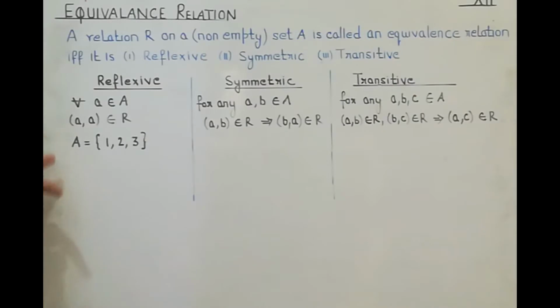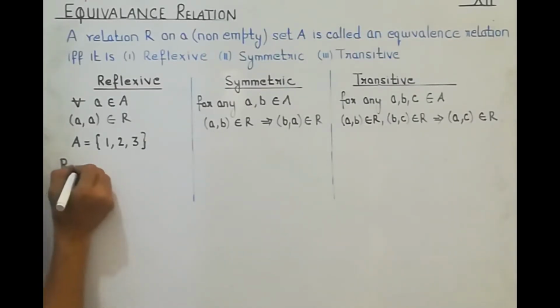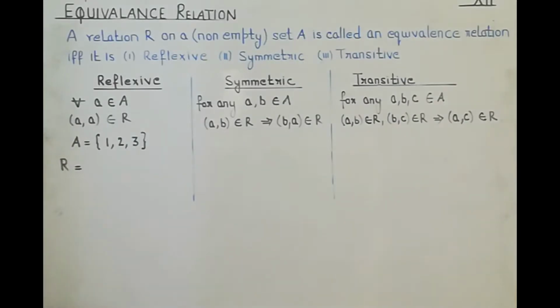Now, this relation R will be called reflexive if (a, a) belongs to R. What does (a, a) mean? That means for all the elements appearing in the set A, there should be an ordered pair like this.